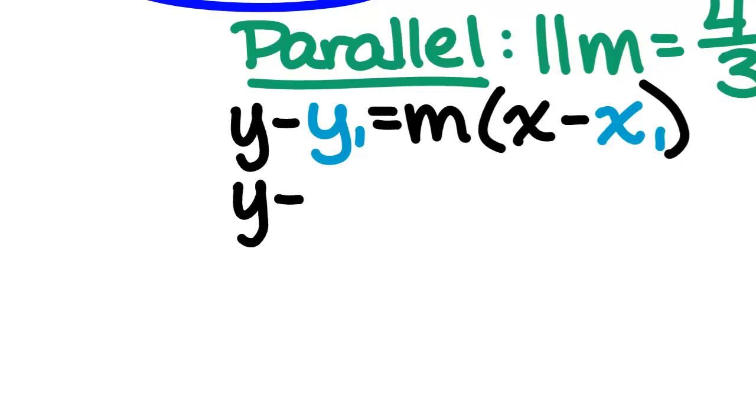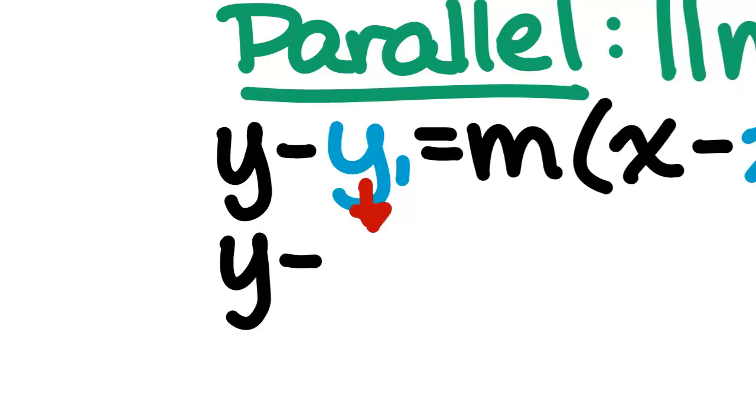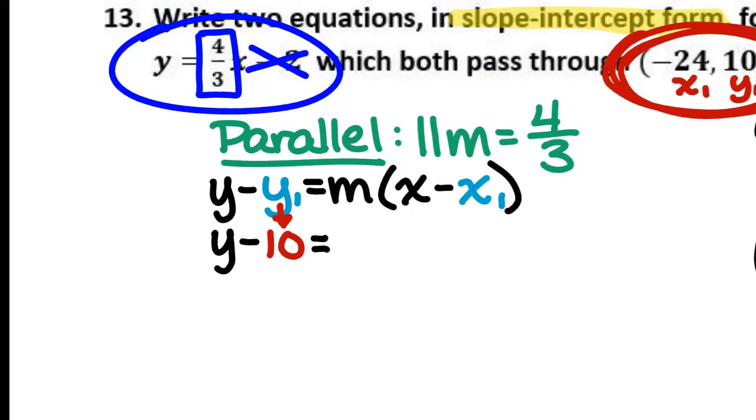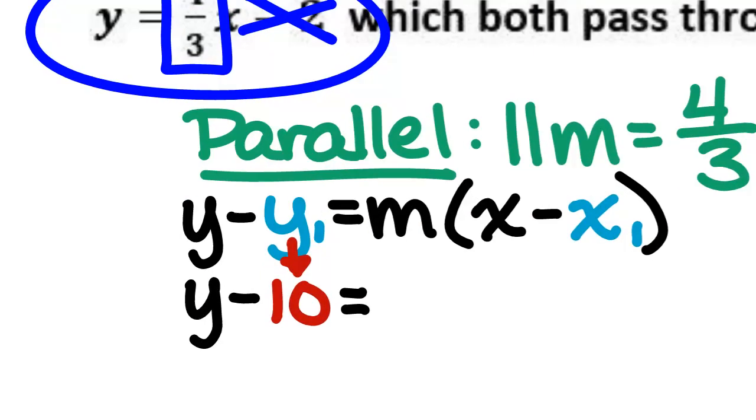So I have Y minus, what am I going to put in for Y1? 10. So Y minus 10 equals, in for M, I'm going to put the slope that I want. So I need my parallel slope when I'm over on the parallel side. What goes in for M? 4/3.